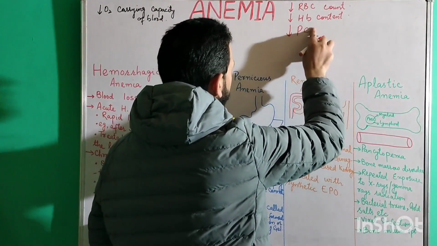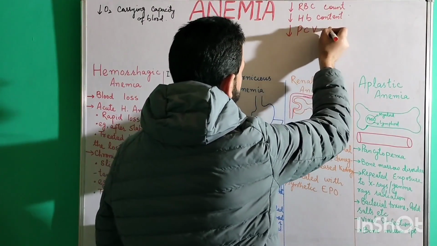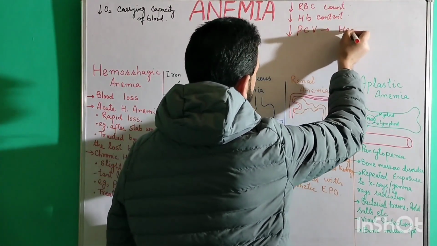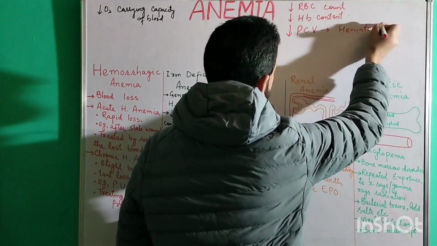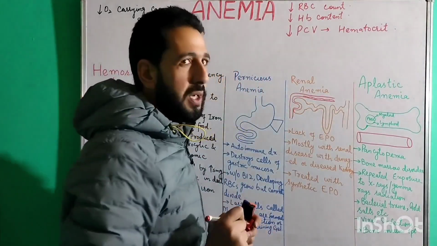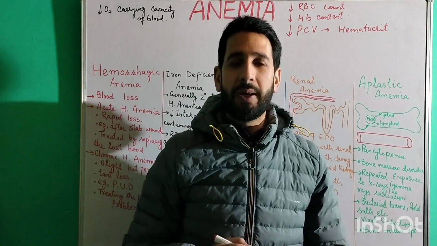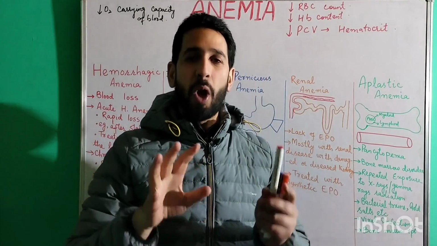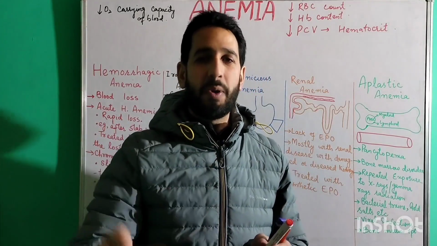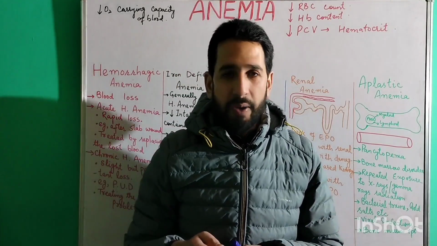And the third thing is if there is decreased packed cell volume. Packed cell volume, or we also call that hematocrit. We've already talked about hematocrit, and hematocrit is the concentration of red blood cells in a given volume of blood expressed in percentage. And उसमें हमने देखा था कि जो normal PCV होता है, that is approximately 45%.